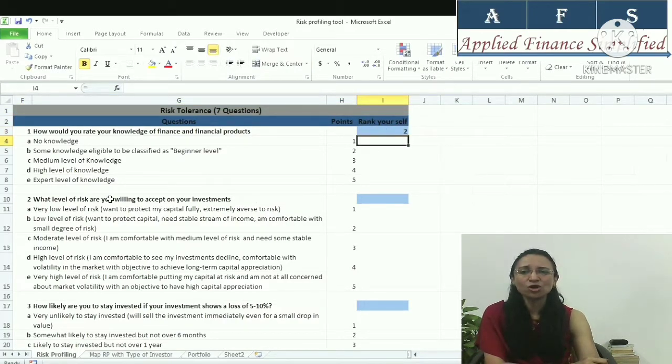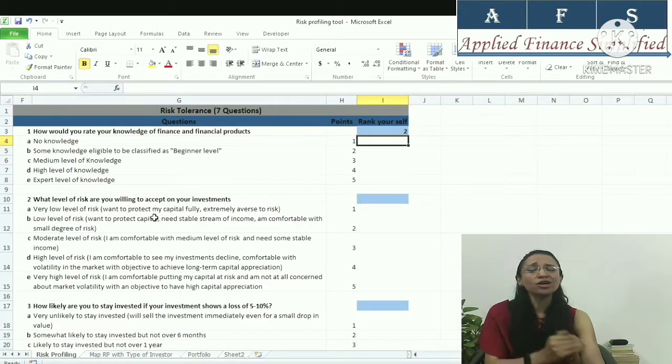The next question talks about what level of risk are you willing to accept on your investments. So this question wants to gauge what kind of investor you are. Are you a conservative investor or are you happy taking more risk? So based on your risk tolerance level, you need to select an appropriate answer. Please be very truthful to yourself.